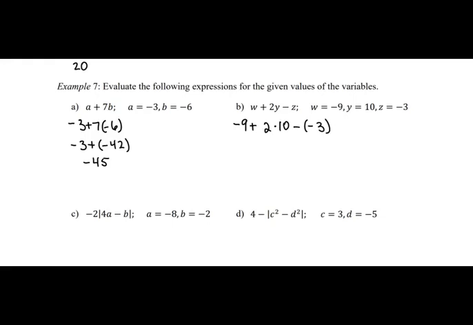So I have addition, multiplication, and subtraction. I'm going to do multiplication first, so I have -9 plus 20 minus -3.